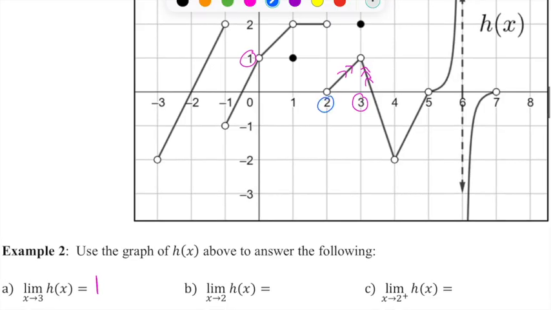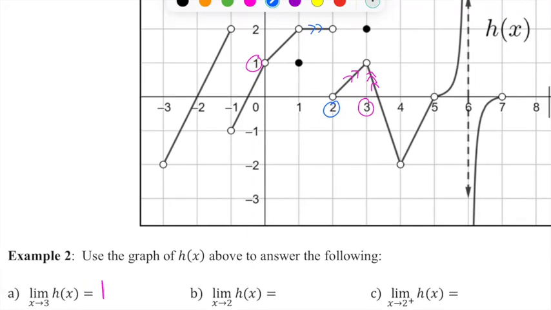Well, that is here, x equals 2. Notice that if you approach from the left, it looks like it's getting closer and closer to 2. But as you approach from the right, you're getting closer and closer to 0. So those do not agree. It does not exist.